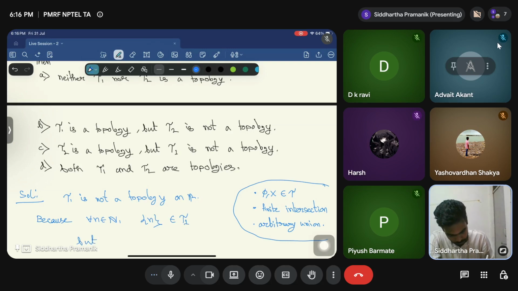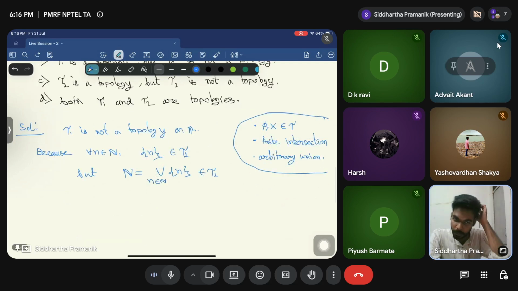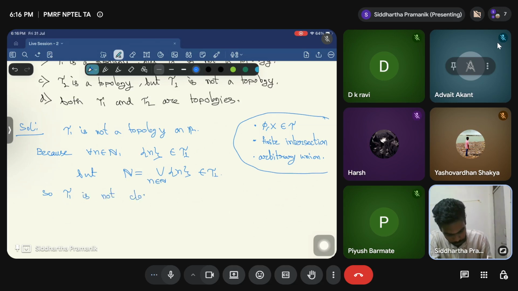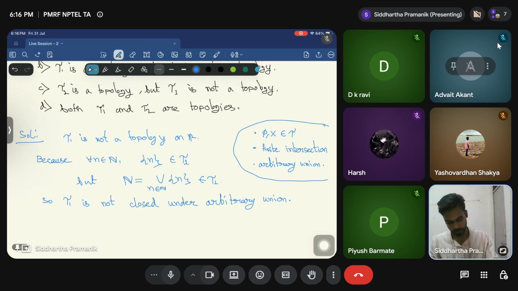But if you take the arbitrary union of the singleton sets, this is the set of natural numbers, so it does not belong to tau1. So it is not closed under arbitrary union. So tau1 cannot be a topology on R.